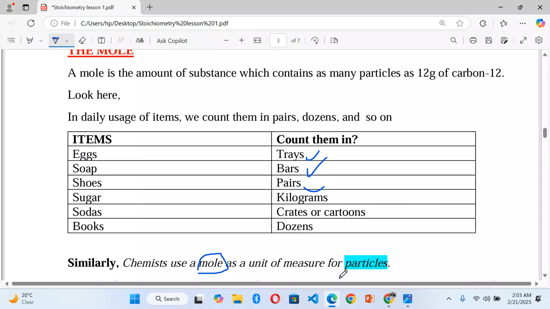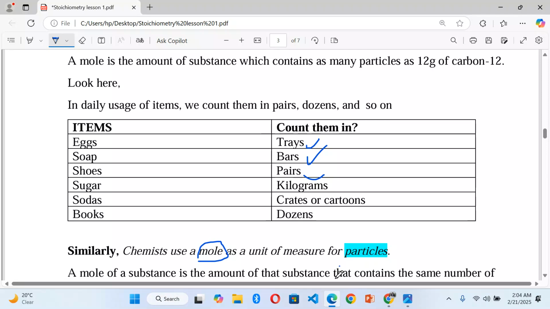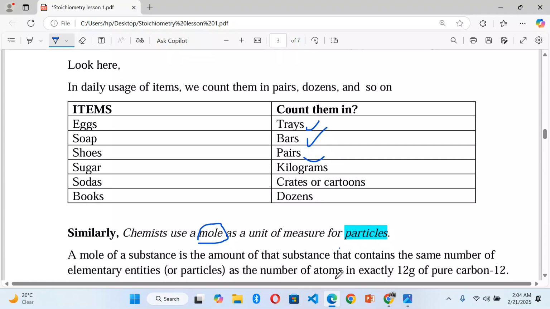It consists of sodium and chloride ions, and the chemist wants to know how many sodium atoms are present in 500 grams of the packet of salt. Now, for them, they count this in terms of moles. And we are going to see how we can do calculations of moles in this subsection.